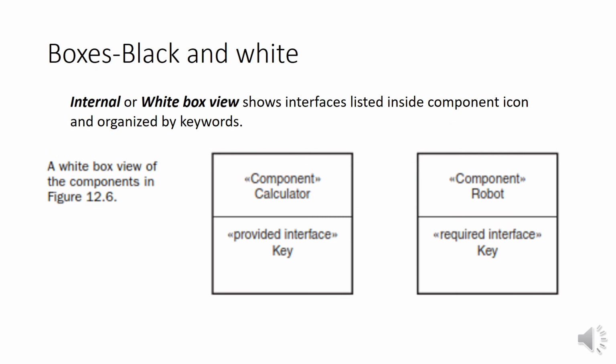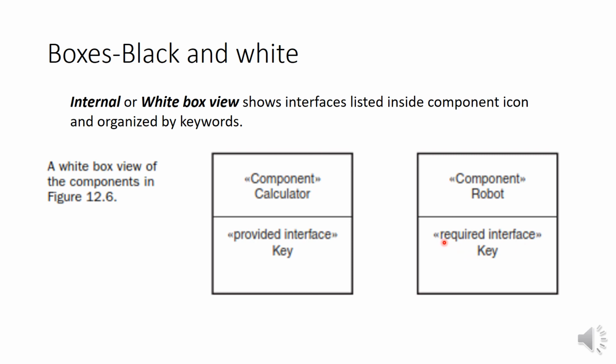You also have the option of showing an internal or white box view of component diagram. This shows interfaces listed inside component icon and organized by keywords, as this indicates that the robot component has required interface key.